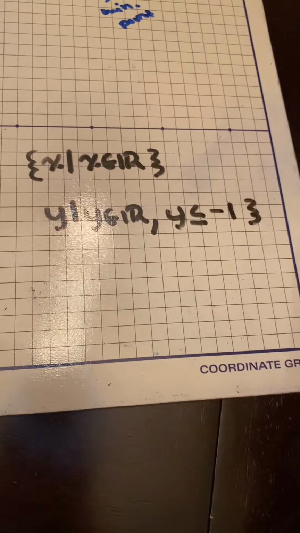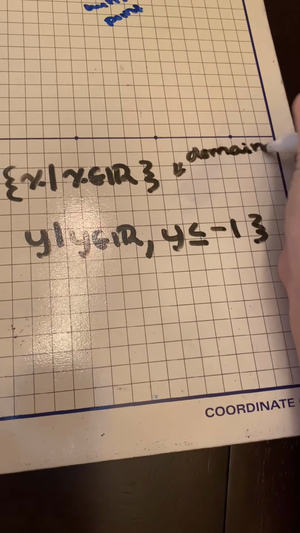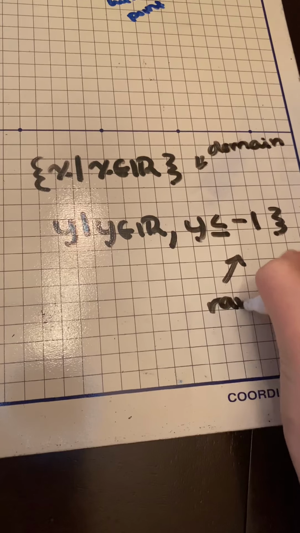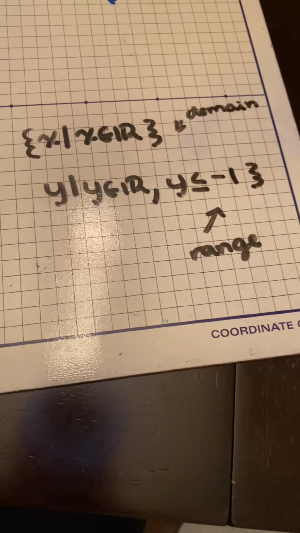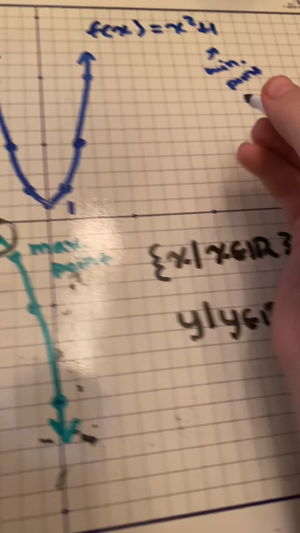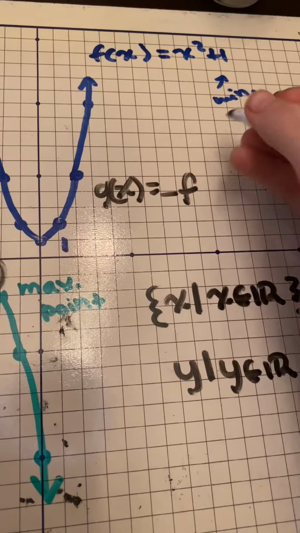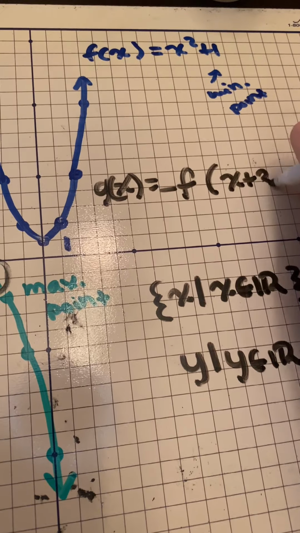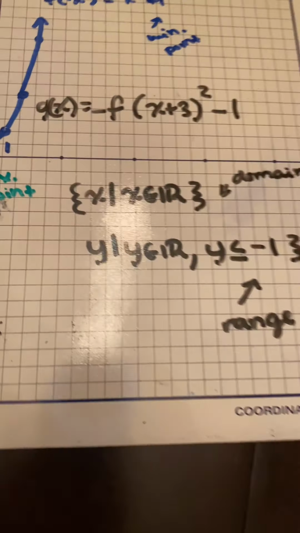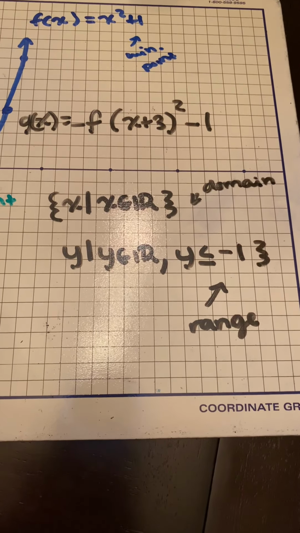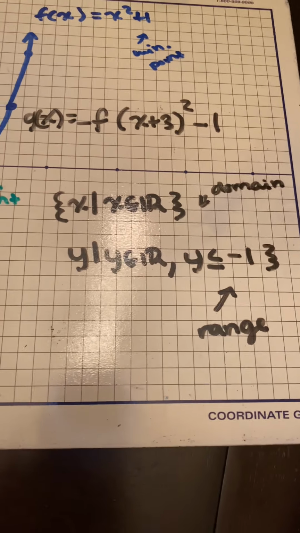So these are your domain, and this is your range. I think that is it for this question. For sure, your g function, as stated before, is -f of x plus 3 squared minus 1, and these are your domain and range. Let me just double check everything's right. Everything should be right.